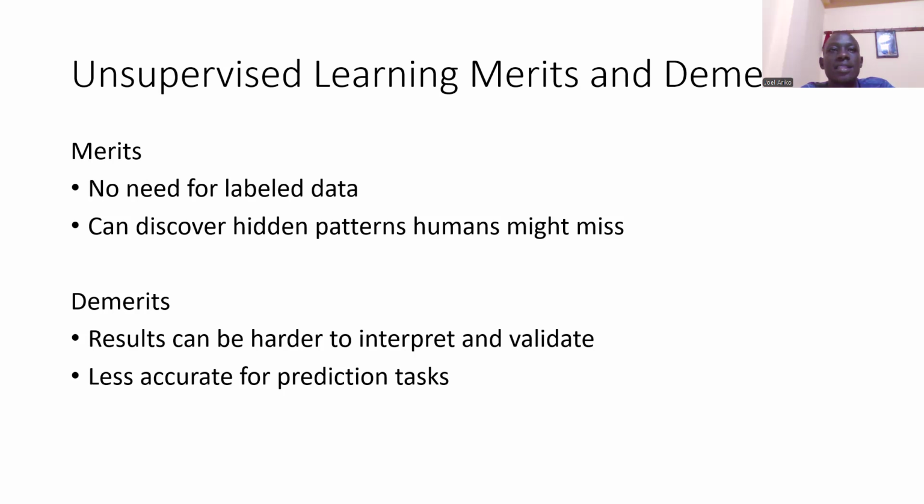Since models learn from experience out of doing repetitive tasks many times, they learn a lot and become even better than human beings. The demerits are that results can sometimes be harder to interpret and validate, and they are also less accurate for prediction tasks.